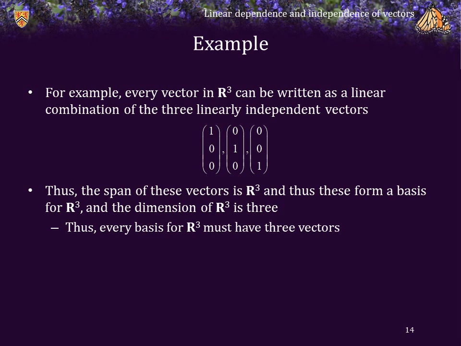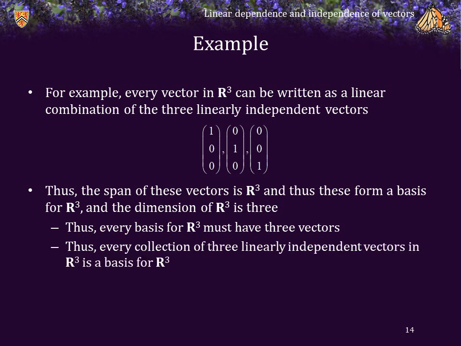Consequently, every basis for R^3 must have three vectors. Also, therefore, every collection of three linearly independent vectors in R^3 is in fact a basis for R^3.